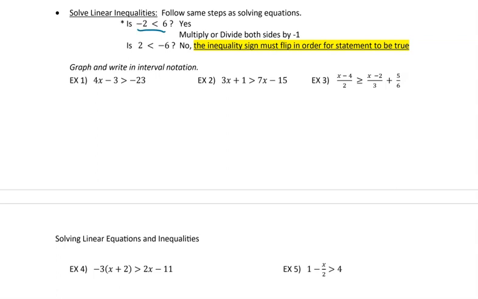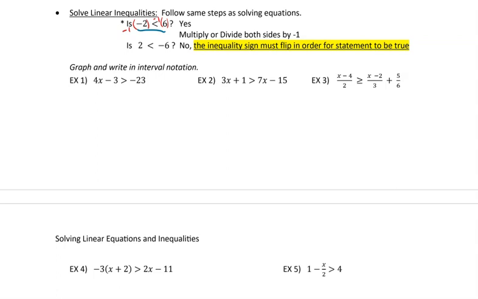So if we multiplied or divided, it doesn't matter, both of these by -1, then we would have 2 is less than -6. That's no longer true though, because positive 2 is bigger than any negative number, right?